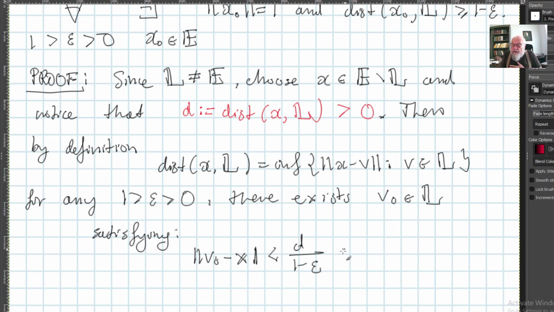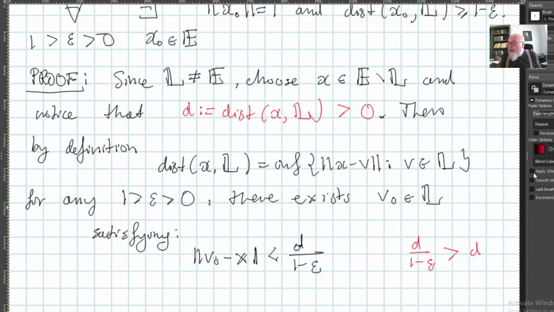Notice that D over 1 minus epsilon is definitely larger than D. So, by the definition of the infimum, that exists. Very good.